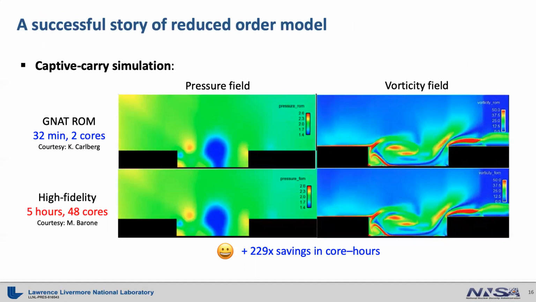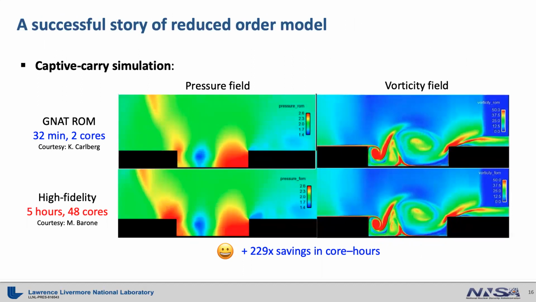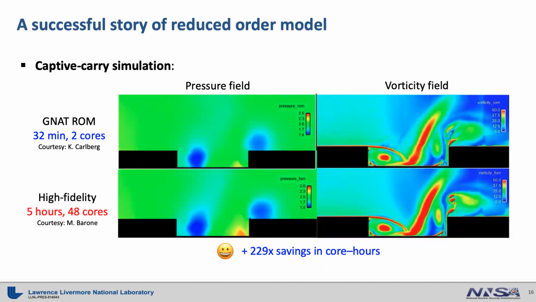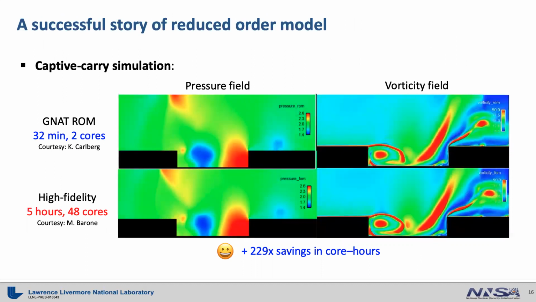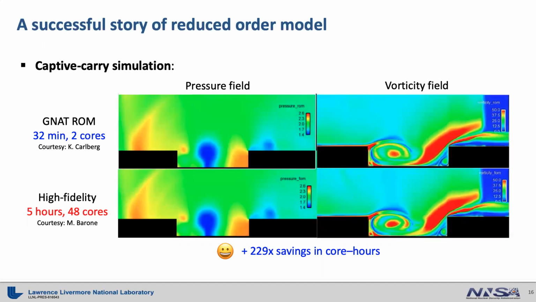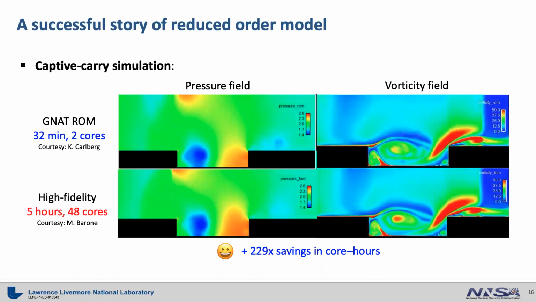This kind of linear subspace reduced order model has been successfully applied to many problems. You are looking at the captive carry simulations done by Kevin Kalberg, who used to be my former boss, who is now at Facebook. Here you're looking at the pressure field on the left and vorticity field on the right.